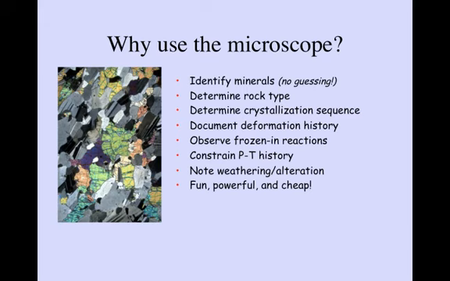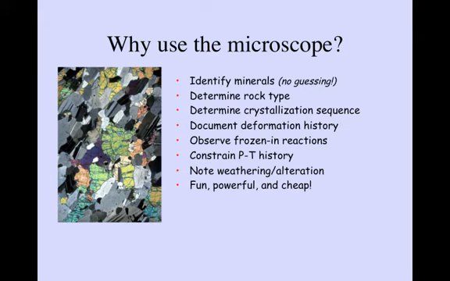So we might see evidence if a rock, let's say, comes from a subduction zone, was subducted to some point where it was at very high pressure and temperature, and came back to the surface where we collect it, that rock can record a lot of different metamorphic events over that history. So we can see those reactions, and we can establish a pressure and temperature history for the rock.